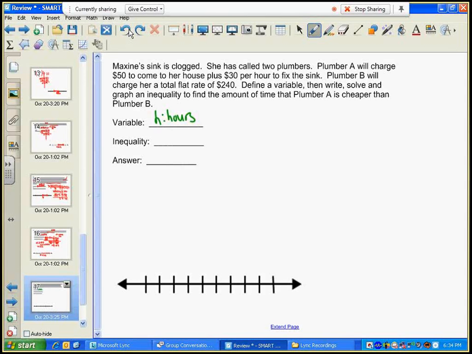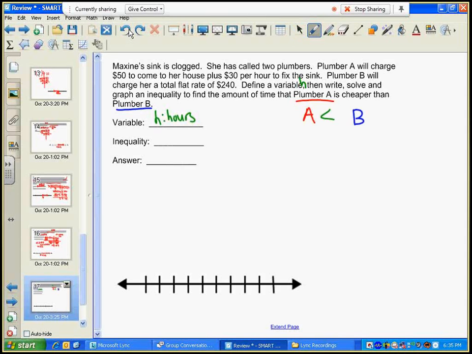So define a variable. I've called that H, right? And I'm looking for the amount of time that plumber A is cheaper, it's going to be less than plumber B. So I'm going to write something where A is less than B. So what is A?